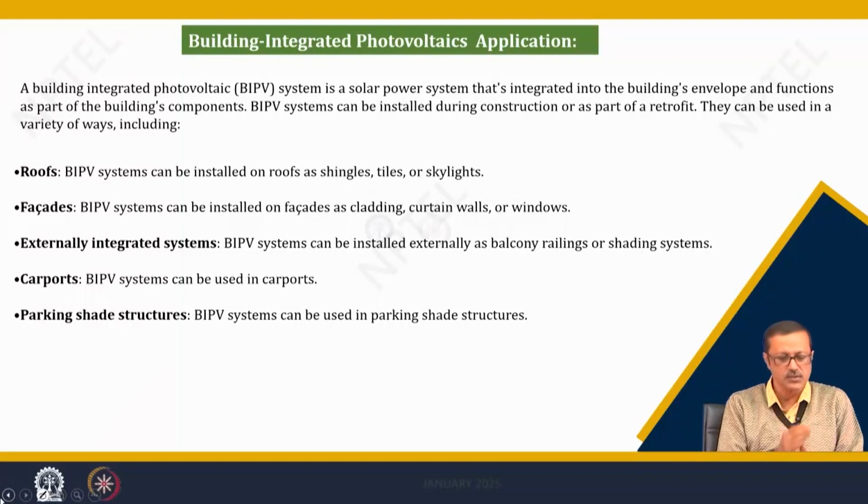We can also go with externally integrated systems, maybe installed in the balcony railing or any kind of porch. Suppose I go for some portion of the parapet wall, balcony, porch wall, chhajjas and all.